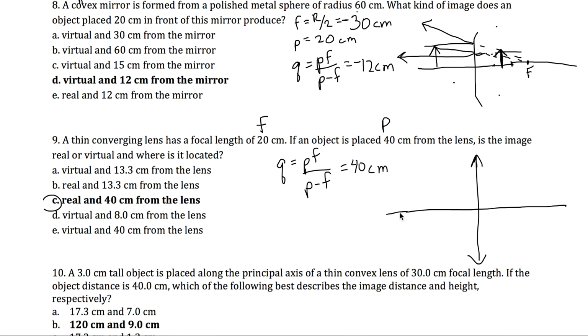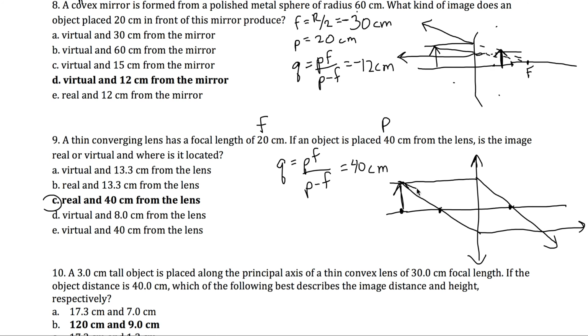So this is going to be the object right here at 40 and the focal point right here. So you draw the focal point on each side. You're going parallel, and then you're going to refract right through that focal point. And then you're going to go through the focal point on this side, and you're going to refract parallel. And you can see where they're intersecting.